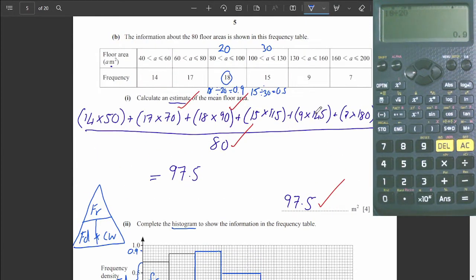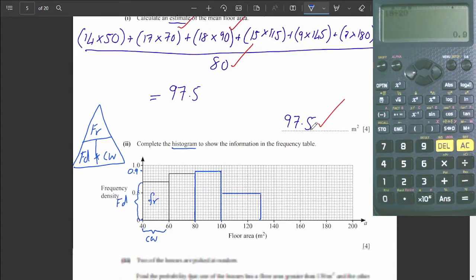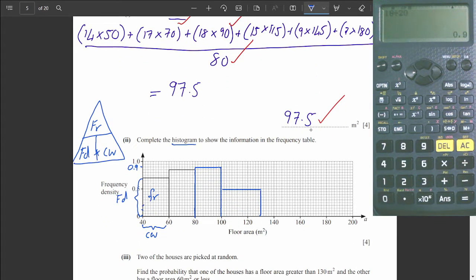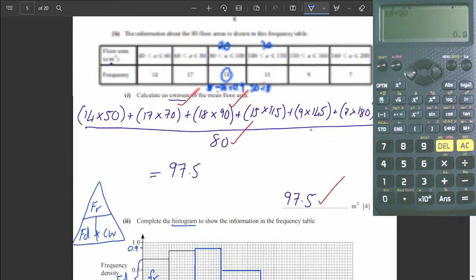Next bar, class width again is 30. So 9 divided by 30 equals 0.3. Check the scale carefully. 0.3 is 6 squares up.